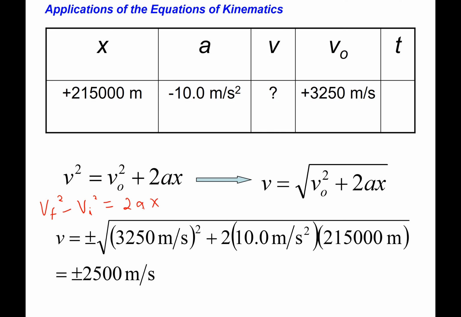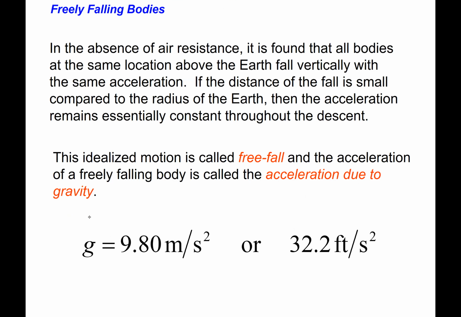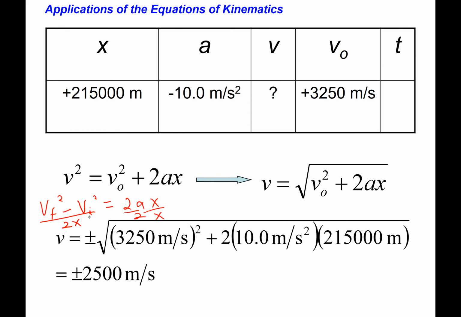If I'm looking for acceleration, on both sides I'm going to divide by 2x. So I have to isolate the a.